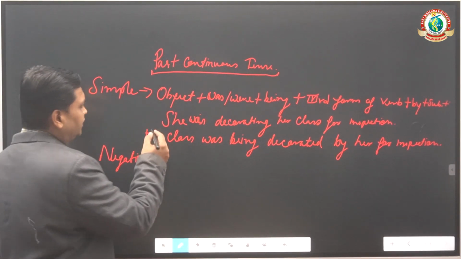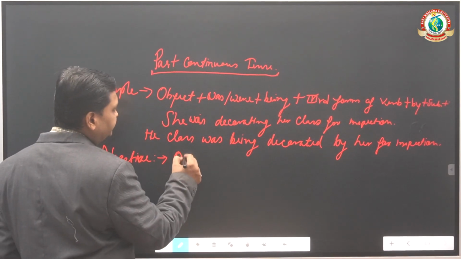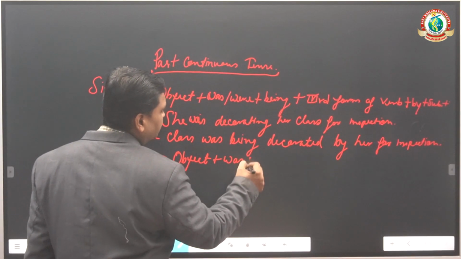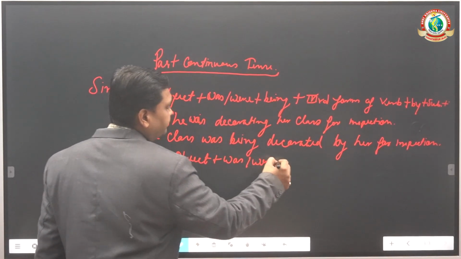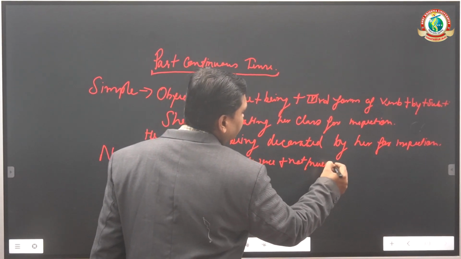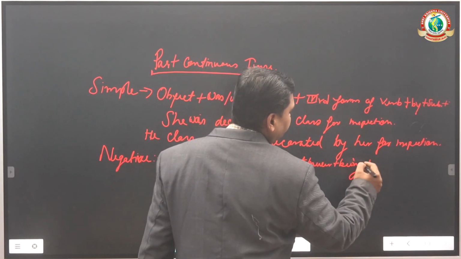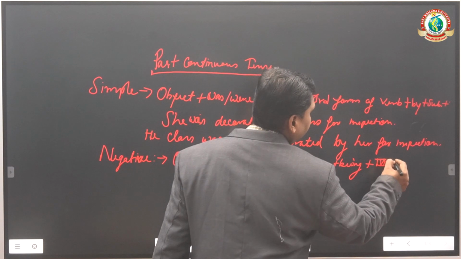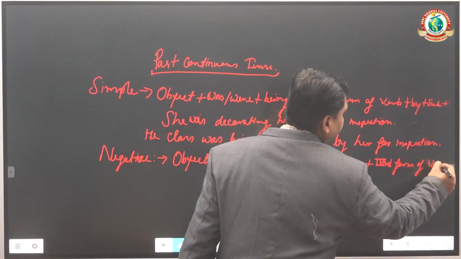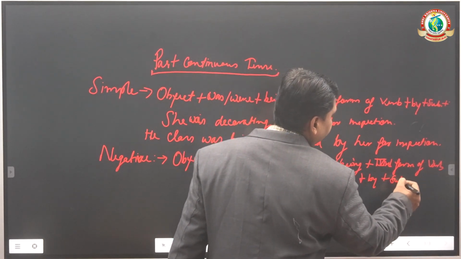The structure of the negative of past tense in passive voice is like that: object plus was/were plus not or never plus being plus third form of verb plus by plus subject.